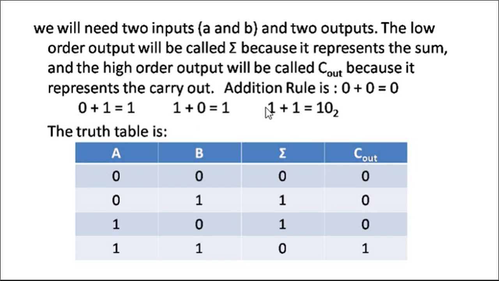And the most important is the last one. 1 plus 1, the sum is 0 and carry is 1. So applying these rules, 0 plus 1, sum is 1, 1 plus 0, 1, and 1 plus 1, sum is 0 and carry is generated in the last.